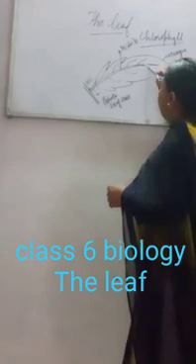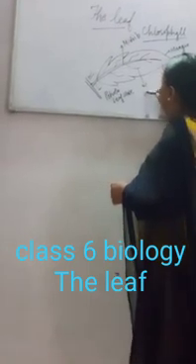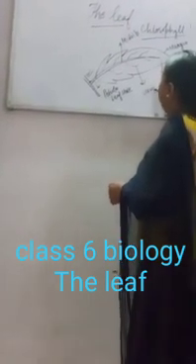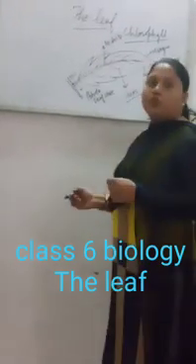And next to the midrib you can see line-like structures in your book. These are called veins. What do the veins do? Veins allow the water to pass to every part of the leaf. Next to the veins we have the small veinlets. These veinlets help to make the leaf flat and broad, so the leaf does not turn.